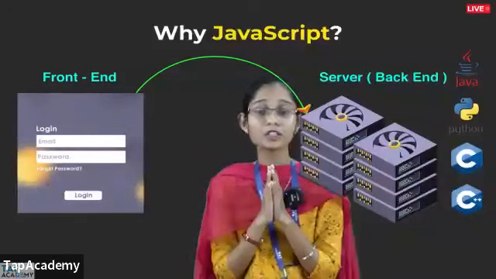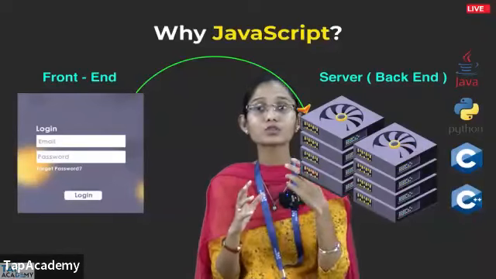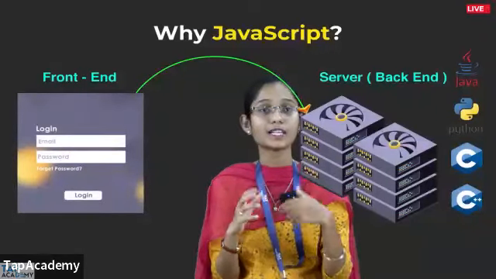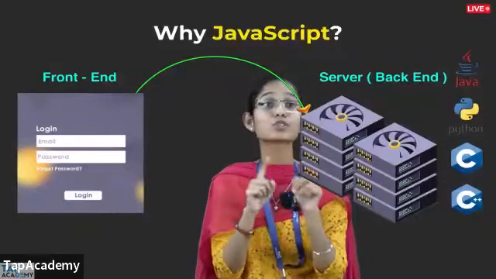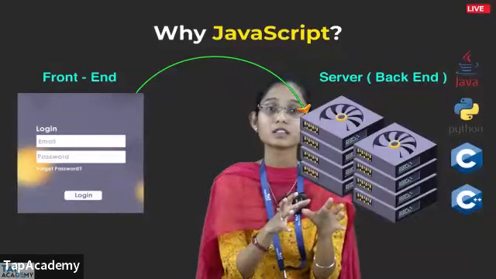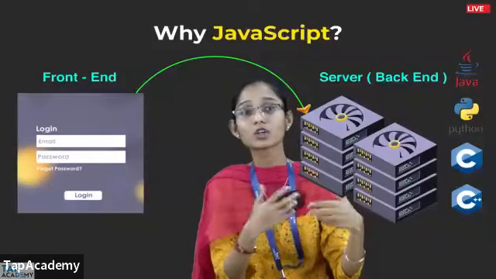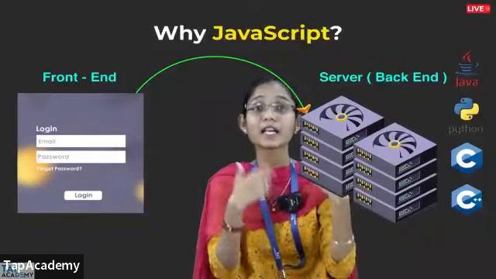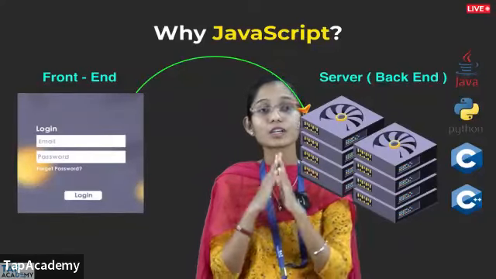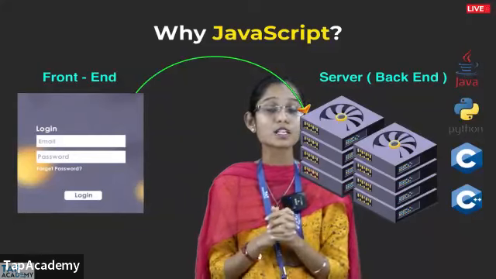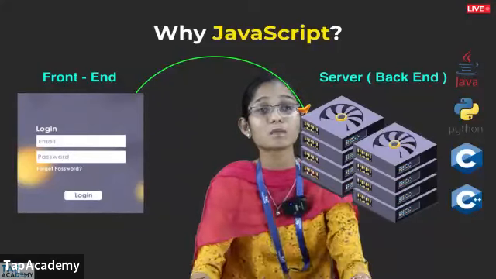So what they used to do is send that data back to the front end. Again, once it is done, they invoke the server, send the data, a logical computation happens in the backend, and if there are any mistakes, again they send it to the front end. So in this case, they used to invoke the server multiple times.